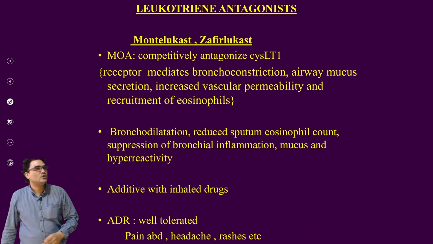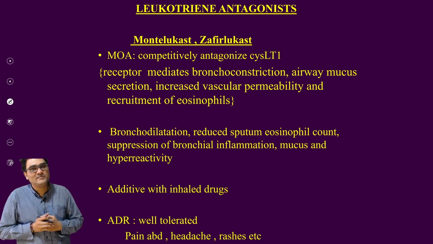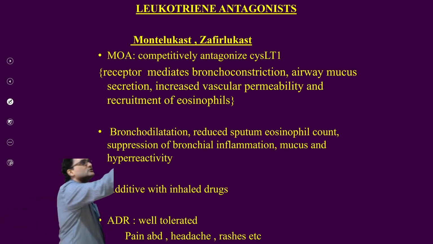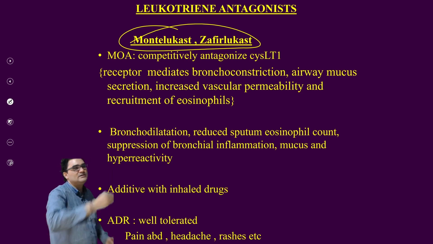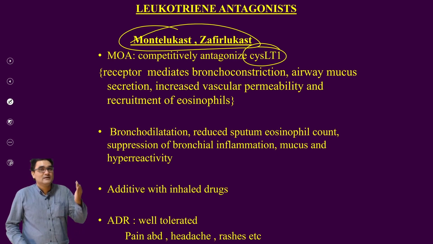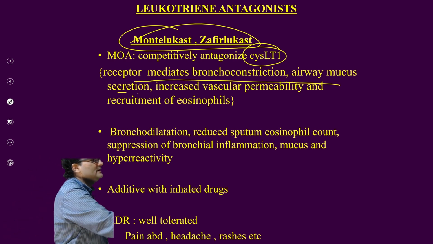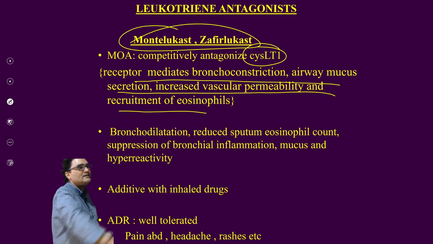Next is leukotrienes. Leukotriene is one of the common mediators involved in asthma. Leukotriene antagonists used are montelukast and zafirlukast; they block the cysLT1 receptor. Leukotriene mediates bronchoconstriction, airway mucus secretion and increased vascular permeability.